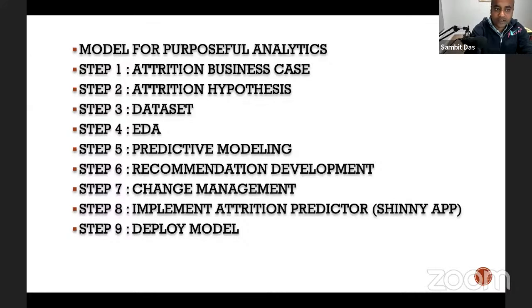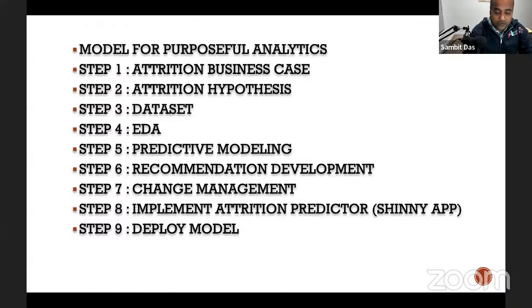So we'll take a look at the data set. I will take you through some of the EDA steps that I've done. EDA stands for Exploratory Data Analysis, and that will be the first step of our modeling work, where I will show you some of the correlation analysis and descriptive analytics that I did on the data set.